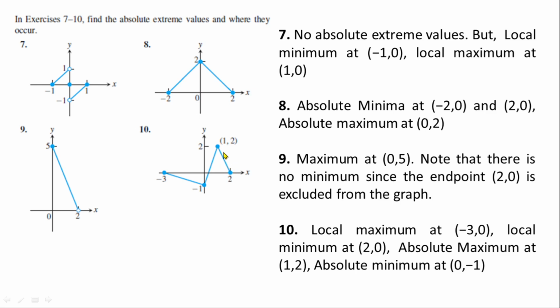For all these neighboring points, this is the minimum value. And the absolute maximum is at x equals 1 and y is 2. Here the absolute minimum is at x equals 0 and y is -1.